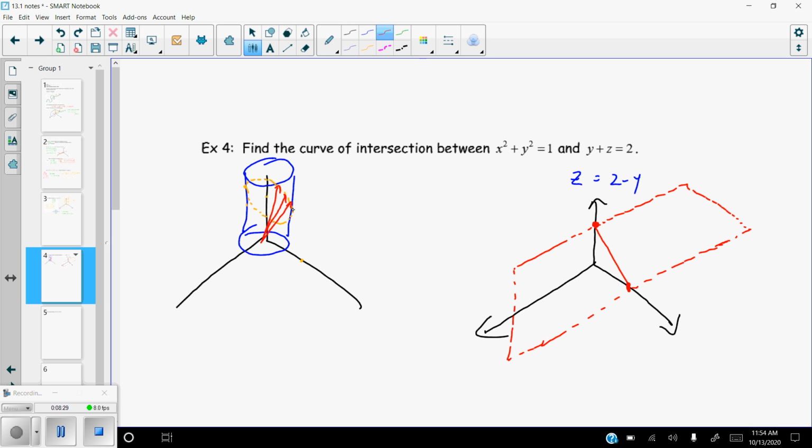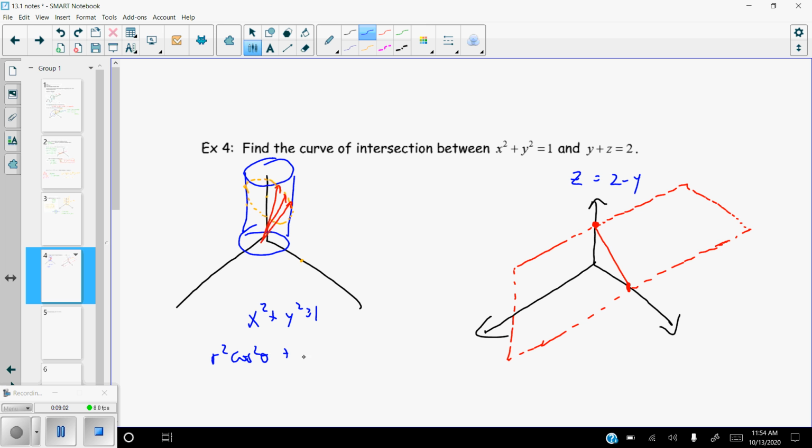So let's start off with the fact that we knew that over here was x squared plus y squared equals 1. Since we know that the projection down into the xy plane is going to be circular, remember that x is the same thing as r cosine theta in polar. So we could write this as r squared cosine squared theta. That's replacing x with r cosine theta.